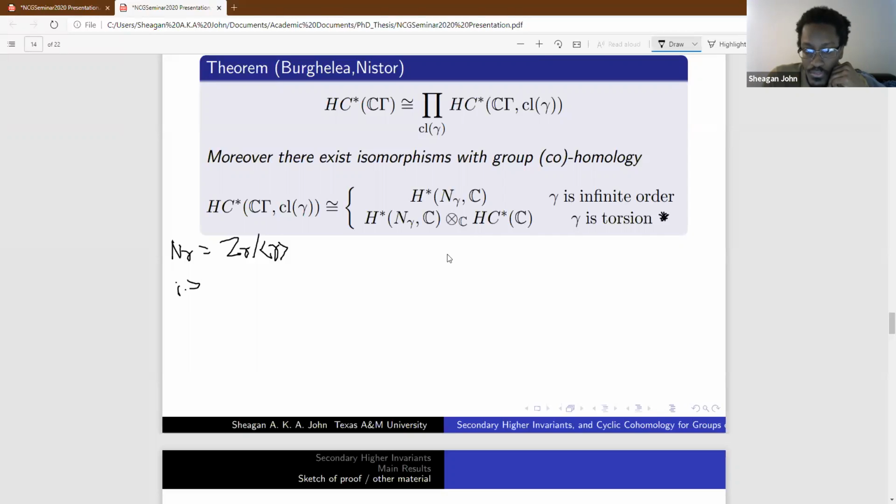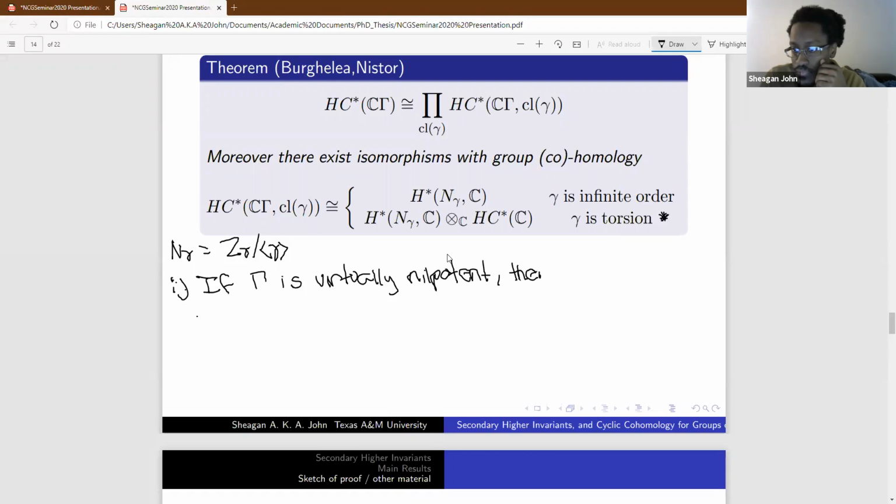So I'll make a note here that if gamma is virtually nilpotent, then so Z gamma and N gamma are also virtually nilpotent.